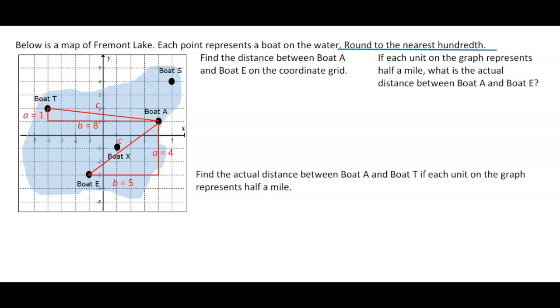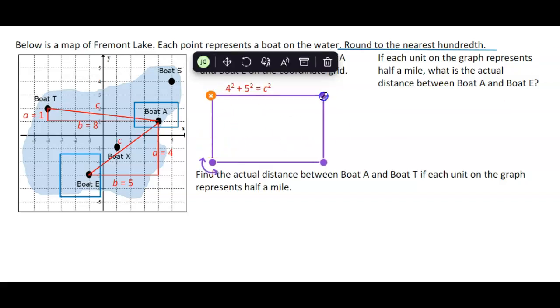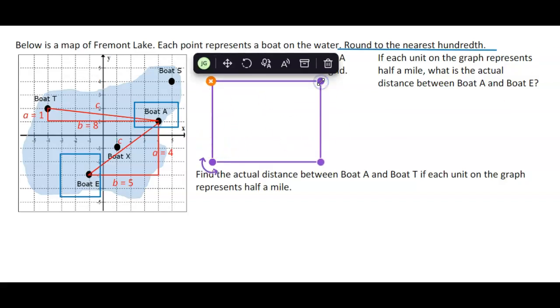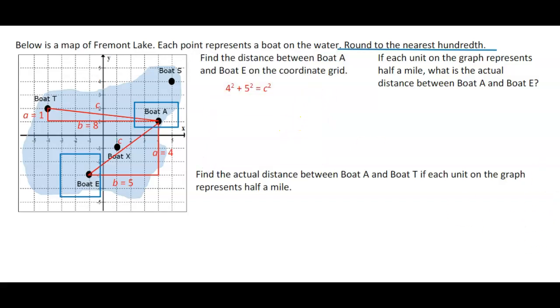So I'm going to help you identify some points that you're looking for. Point A is located right here, and point E is located in quadrant 3. You are going to need to draw your straight line for your hypotenuse, then draw your right triangle to find your legs. After you find your legs, you're going to plug them into the Pythagorean theorem, square them, add them.